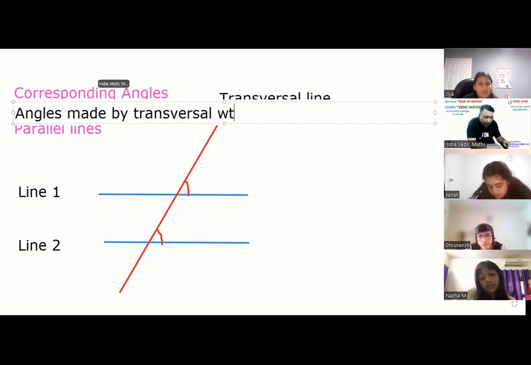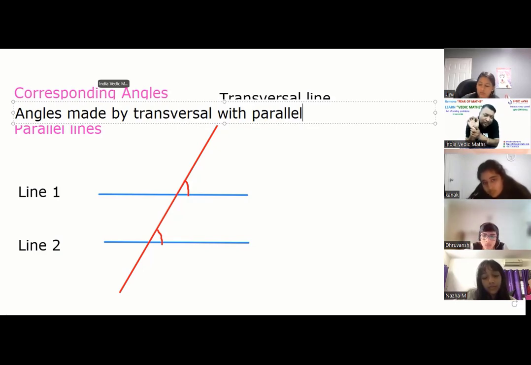This is the definition of corresponding angles. So basically, angles made by transversal. First you write down, Jia. I'll explain very clearly.